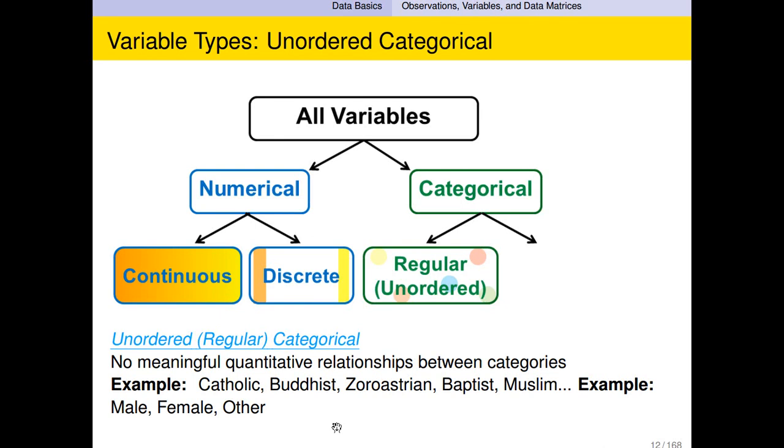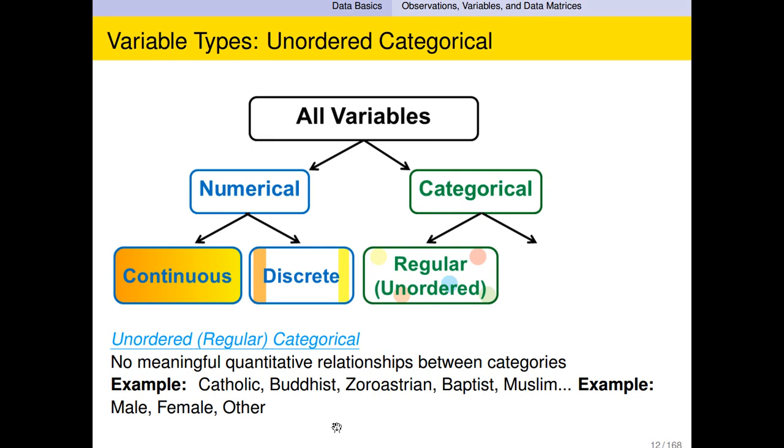You can't assume that Catholic is greater than Buddhist in religion, or Buddhist is greater than Catholic, and even if that insanity were possible, which one was how much greater? No. All you can conclude is that there is a difference. That's nominal or regular unordered categorical variables. There are a lot of examples of this. Sex is one I mentioned, religion, a lot of demographic things like town of residence, nation, political ideology.